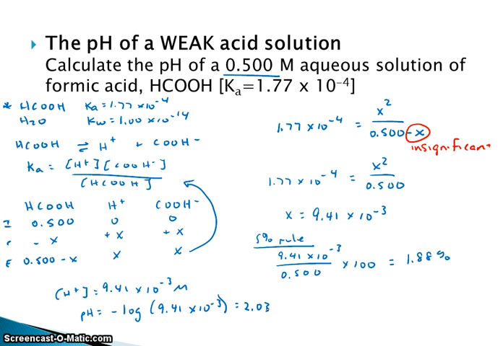You're going to write the equation for that ionization. Write your Ka expression. Make your ICE chart and fill in your values. Solve for X the easy way. Prove that X is insignificant with your 5% rule, and then solve for whatever the problem asks you for. And that will give you those weak acid type problems.